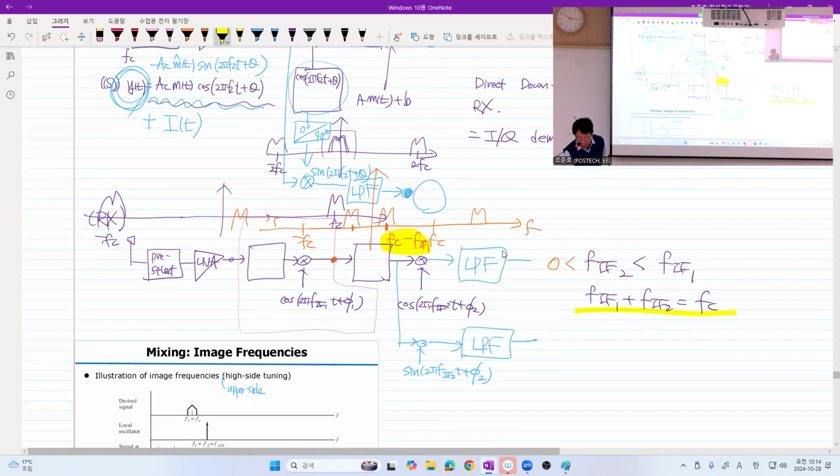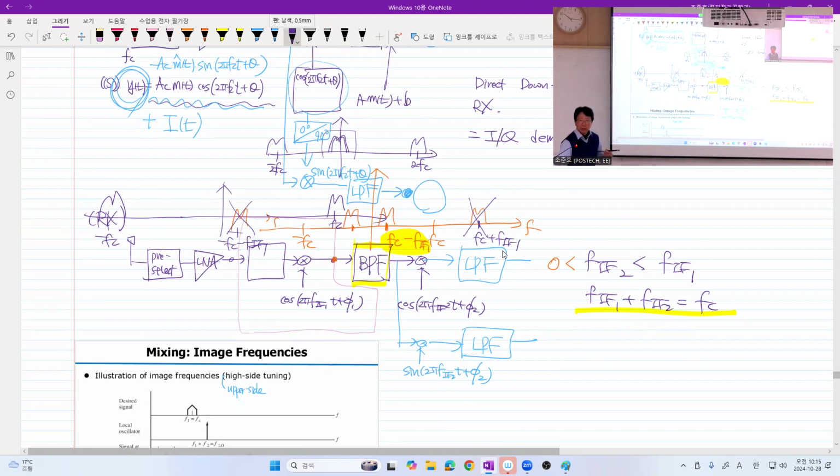So it seems everything's good. You may have this filter filter out these signals. The frequency is Fc plus FIF1, and here, negative Fc minus FIF1, right? Because it is left and right shifted by FIF1. So you may have a bandpass filter here.